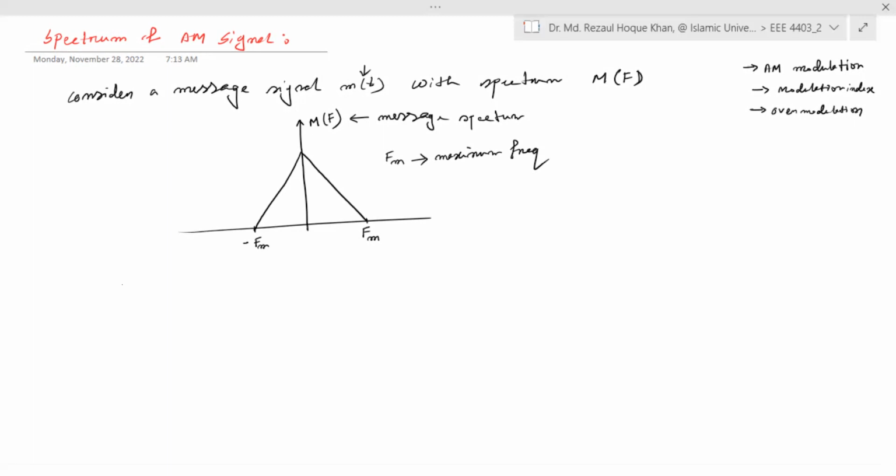Now let us write our modulated signal x(t). Our modulated signal was A_c (1 + k_a m(t)) cos 2 pi f_c t. Here, this f_c is our carrier frequency, and this k_a is nothing but the sensitivity.